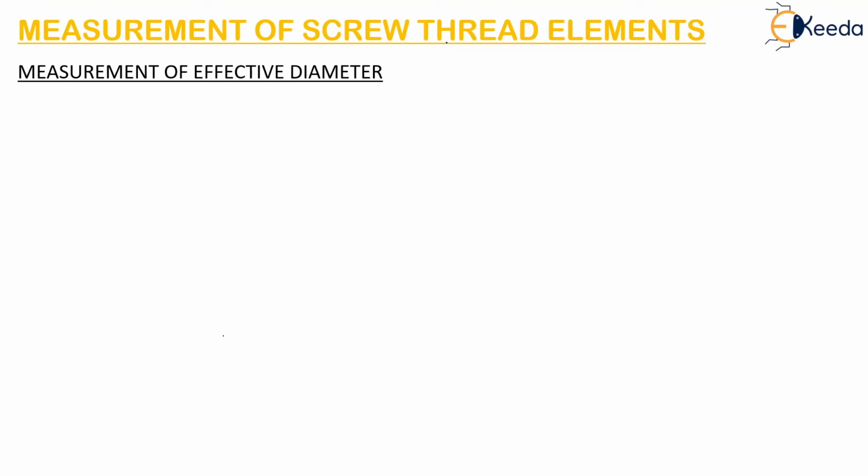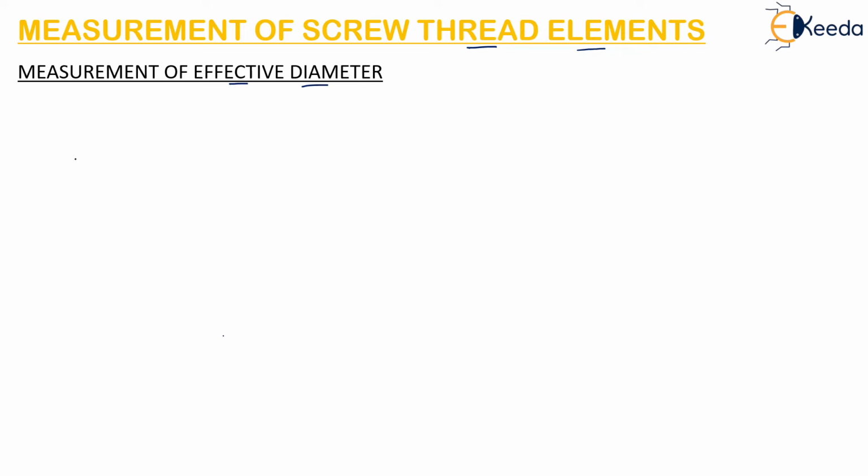The next screw thread element which is of great importance is the measurement of effective diameter. The effective diameter cannot be measured directly, but you can calculate it from the measurements which have already been made.